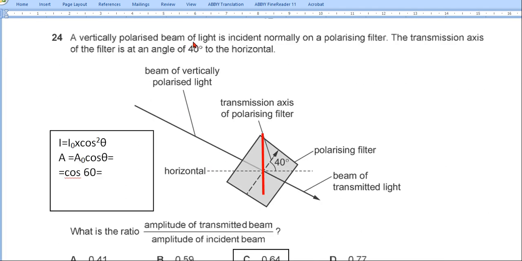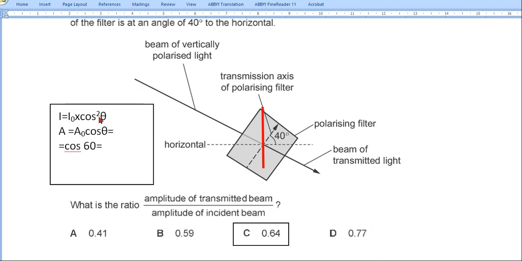A vertically polarized beam of light is incident normally on a polarizing filter. The transmission axis of the filter is at an angle of 40 degrees to the horizontal. According to the picture, the angle in the law, cosine squared theta, is not 40 but 60, sorry. Why 60? 50.